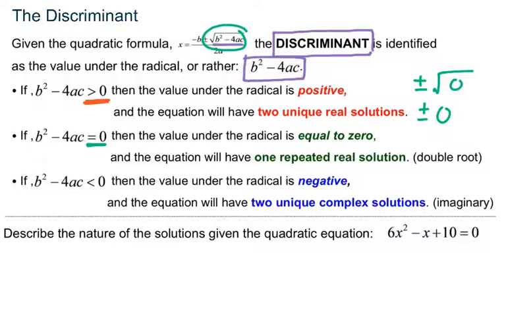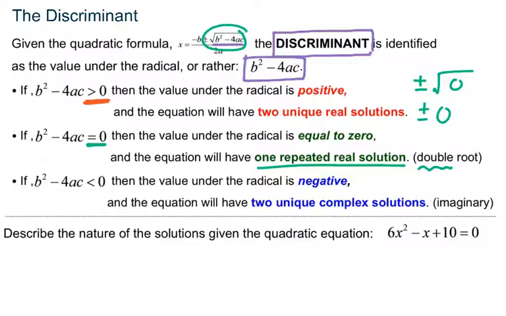So if the discriminant is equal to 0, we get one repeated real solution, which we may refer to as a double root. In a sense, when we're calculating, it looks like we're going to get two solutions, but we would get the same solution twice. It's a repeated solution, and we learn about that later. That actually has a multiplicity of 2.